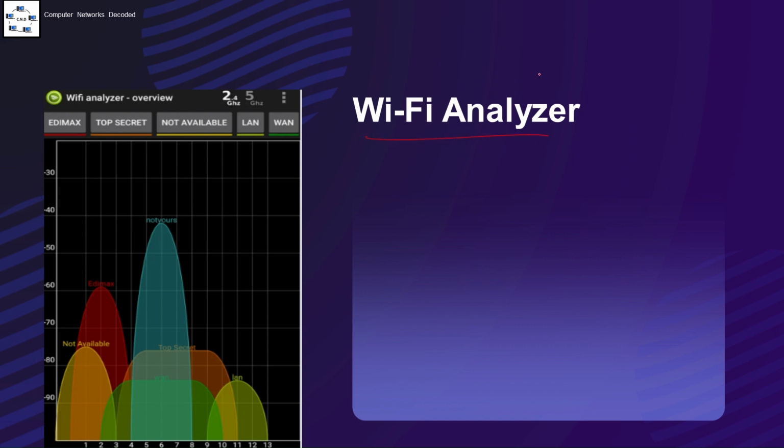Next is the Wi-Fi analyzer. So it may be software based, such as a software that you have installed inside your laptop, or it may be a hardware specialized tool that scans the wireless environment.